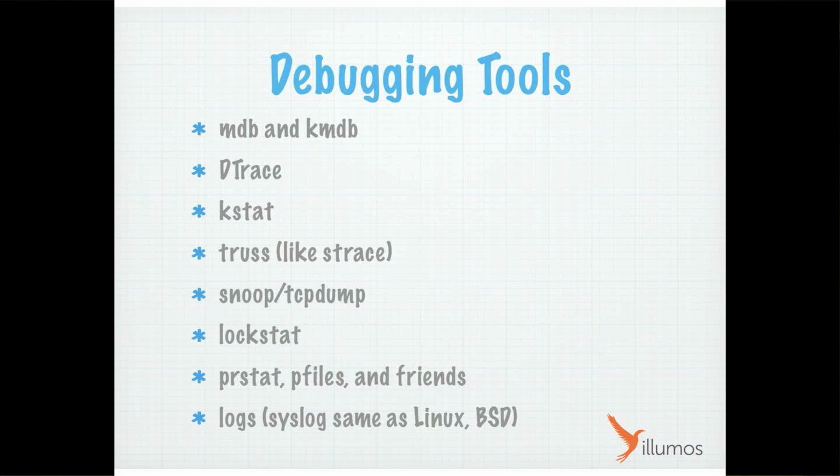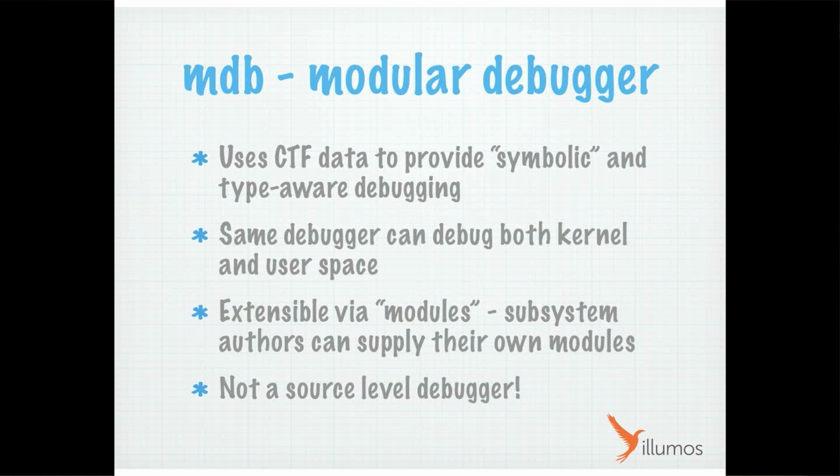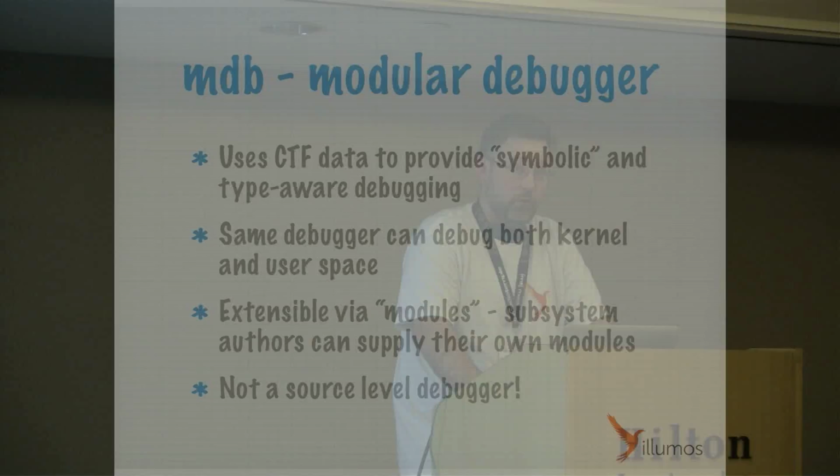Solaris and illumos have very rich debugging tools. The one that kernel developers most often interact with is MDB, or KMDB, which is the in-kernel version, the modular debugger. I have some really cool examples of this. One of the nice things is we have type awareness in the system, but we don't have source level.